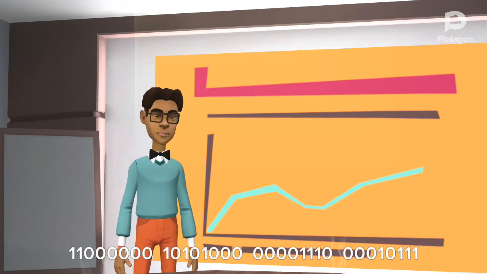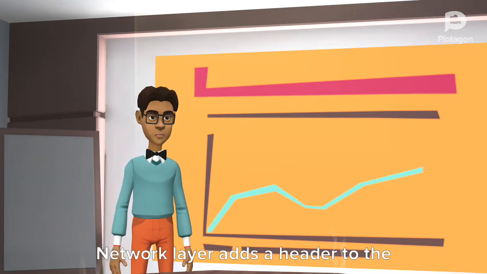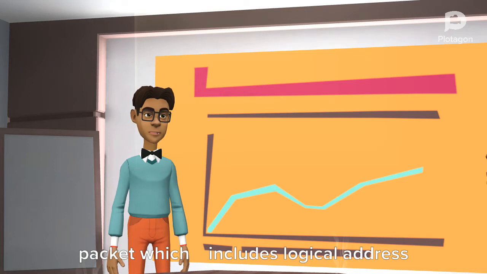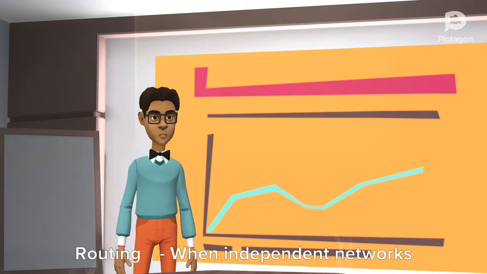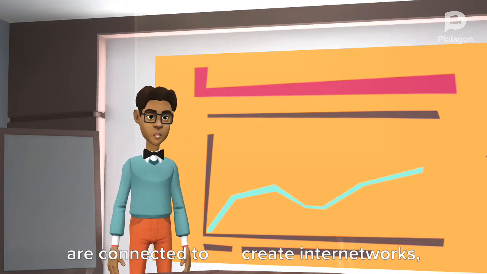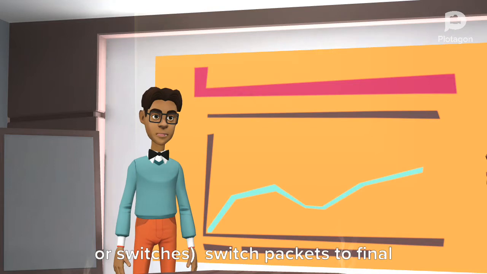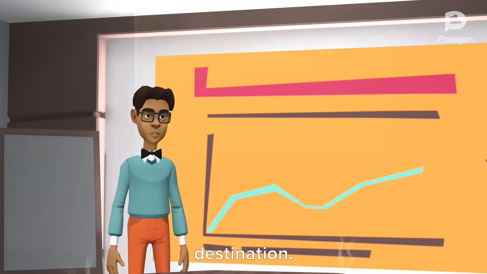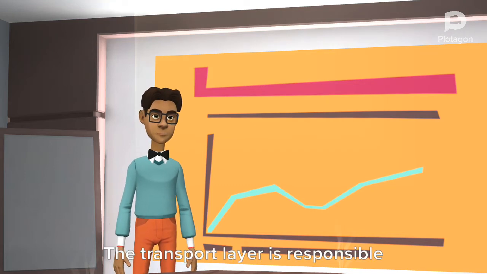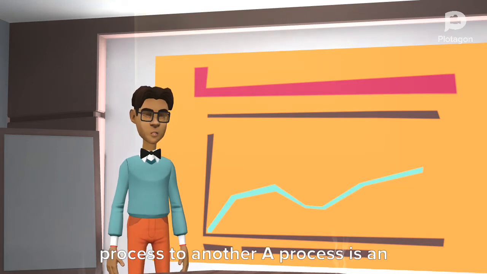For example, 11101010 00000110 00000111. The network layer adds a header to the packet which includes the logical address of the sender and receiver. 2. Routing. When independent networks are connected to create internetworks, the connecting devices, routers or switches, route packets to the final destination.